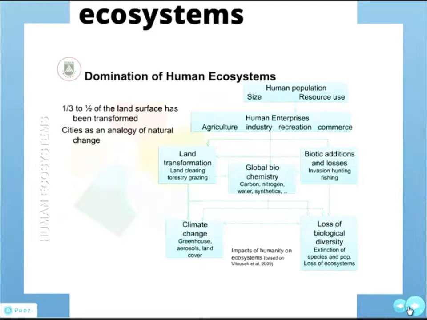So when we have this sort of stress on nature, that would affect nature again in 2 ways, either in climate change or in the loss of biological diversity. So that tree of impacts, I would like you to think of how, is it possible to reverse that?